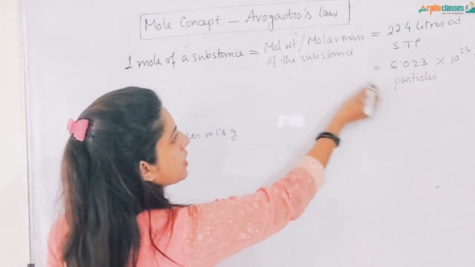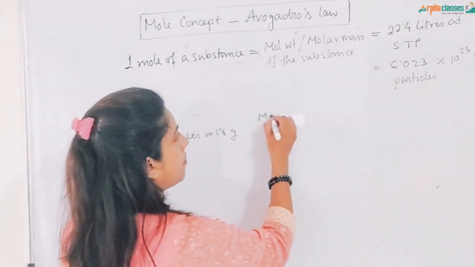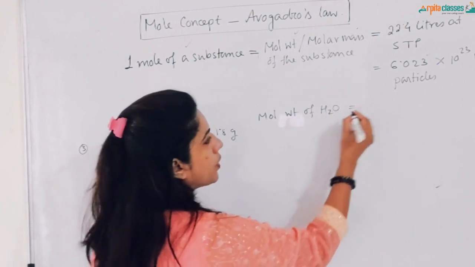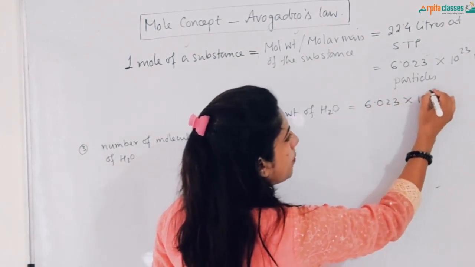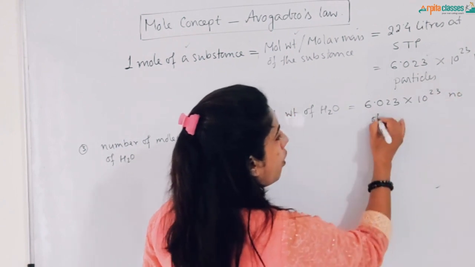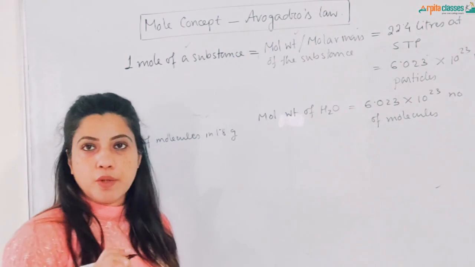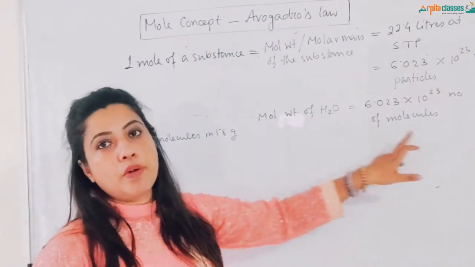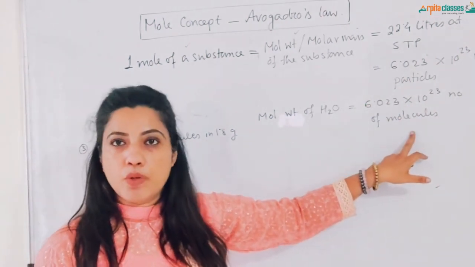So we'll take these two things and write, the substance is water, so molecular weight of water is equal to 6.023 into 10 raised to power 23 number of molecules. In place of particles we are writing molecules because water is a compound and the smallest particle of any compound is a molecule.